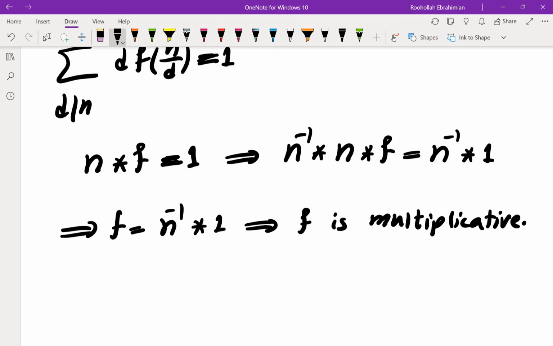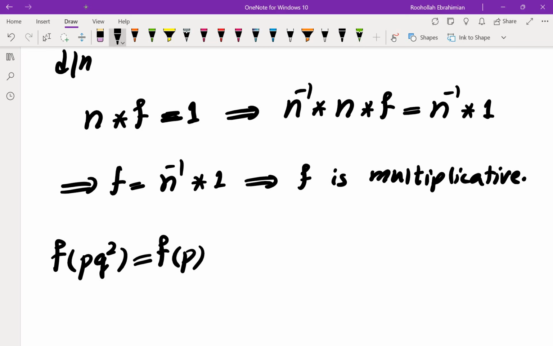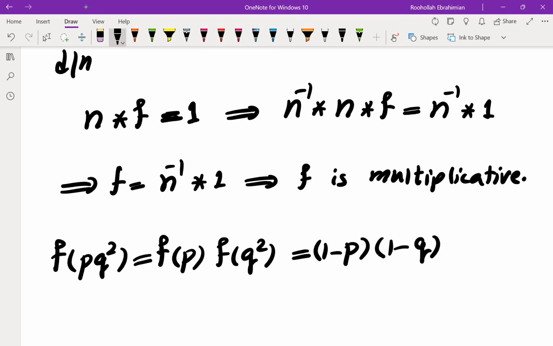As I said, this does require a bit of advanced knowledge of number theory. So since it is multiplicative, it means f(pq²) is equal to f(p) times f(q²). So once you get f(p), which was 1 - p, and f(q²), which is 1 - q, then you're done. So this requires a little bit less work than the original method.